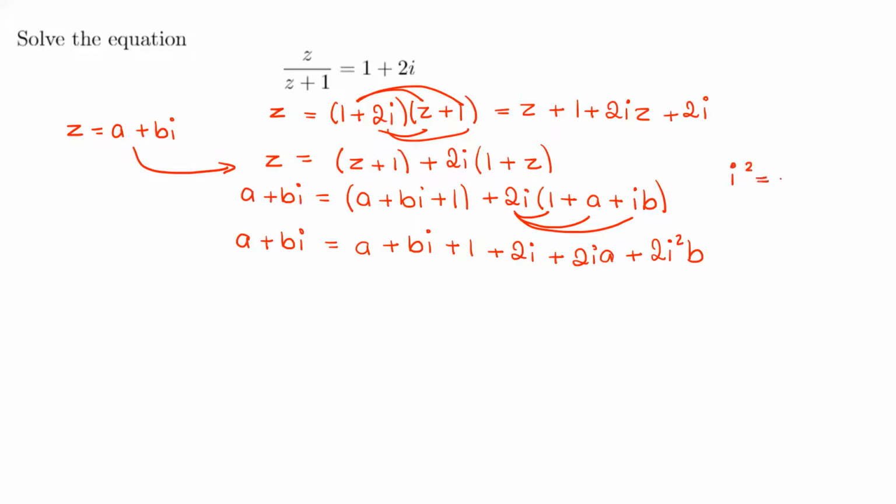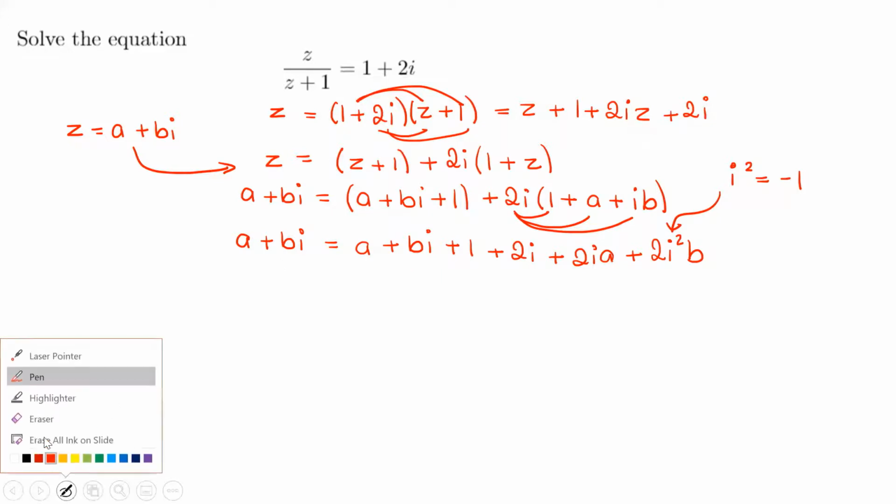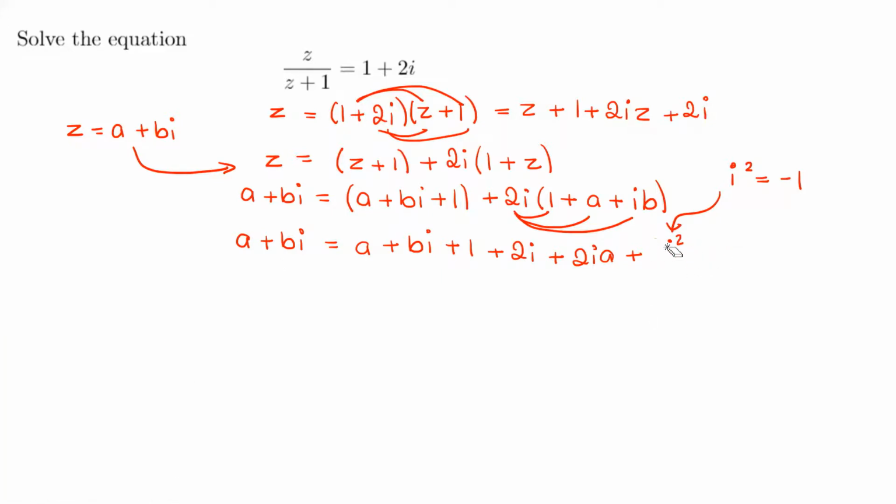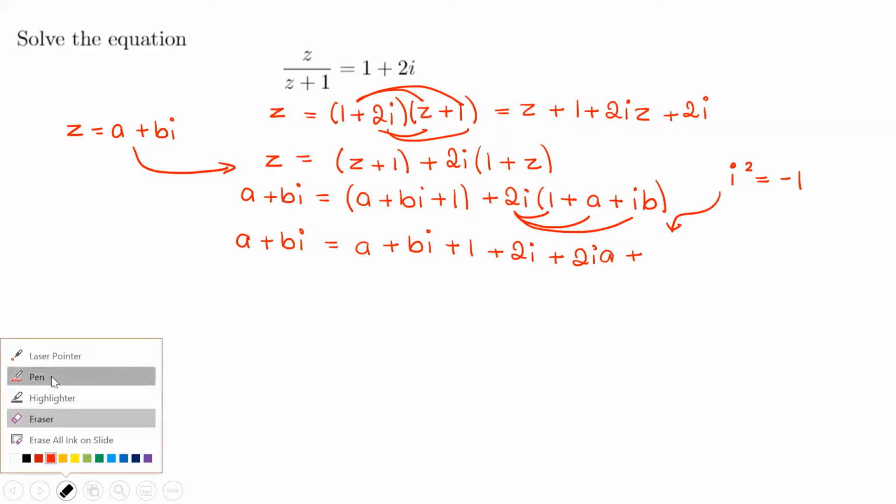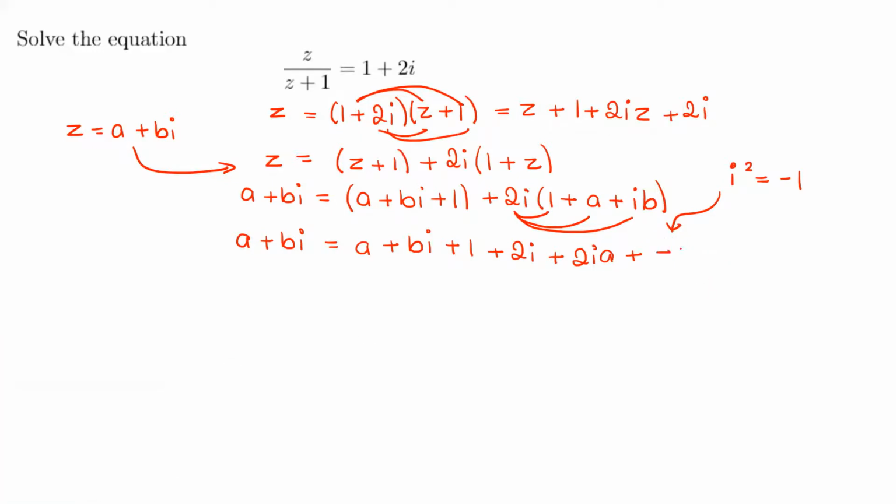It's equal to minus 1. So we can go ahead and substitute that in. What we'll be left with is minus 2b.